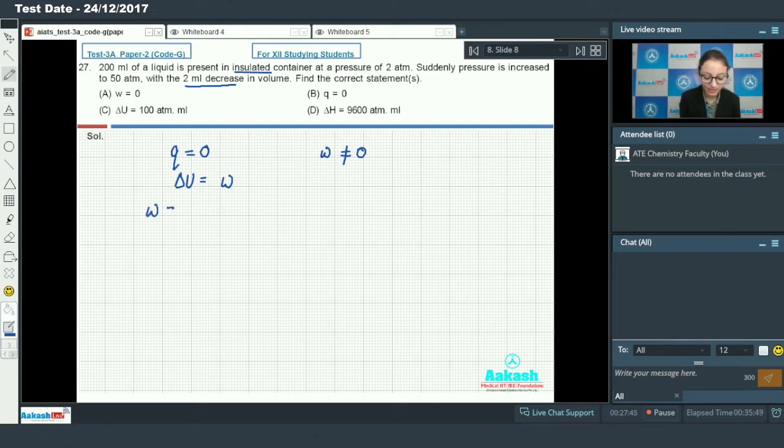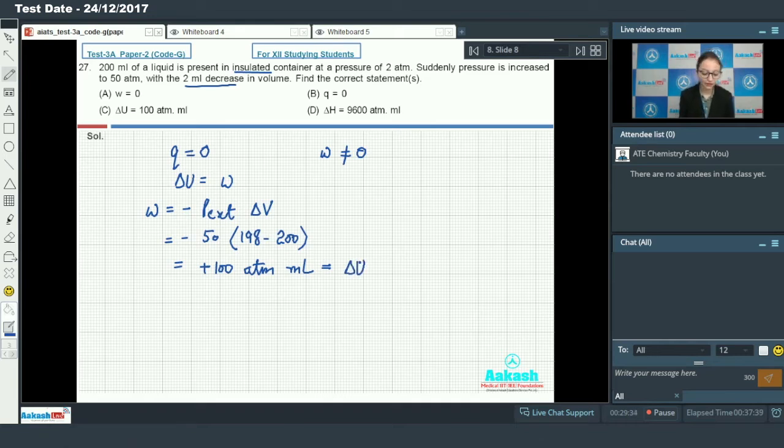So if we calculate work done, it would be minus P external delta V. P external is 50 atm. Delta V is final volume minus initial volume. Work done would be plus 100 atm ml, or this is also equals to delta U. And we know delta H is equals to delta U plus delta PV.